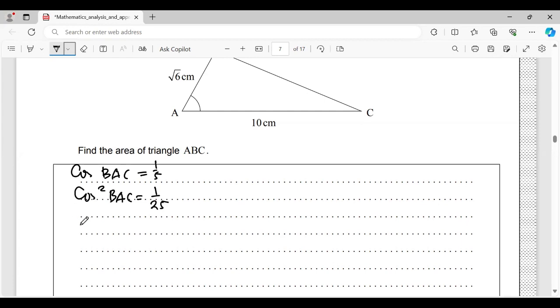A trigonometric identity is sine squared theta plus cosine squared theta equals 1, or sine squared theta equals 1 minus cosine squared theta.